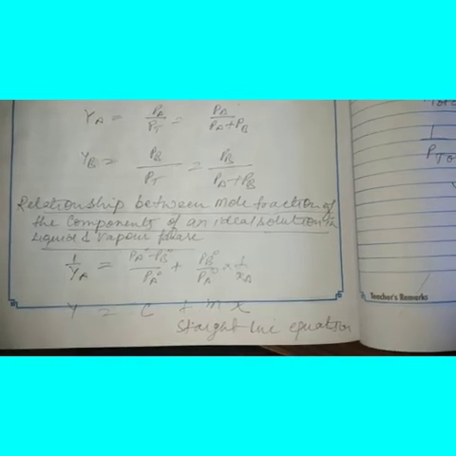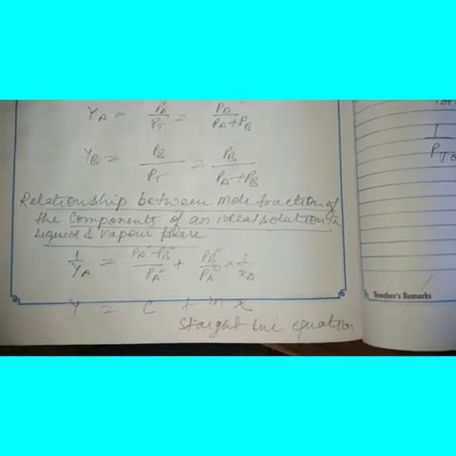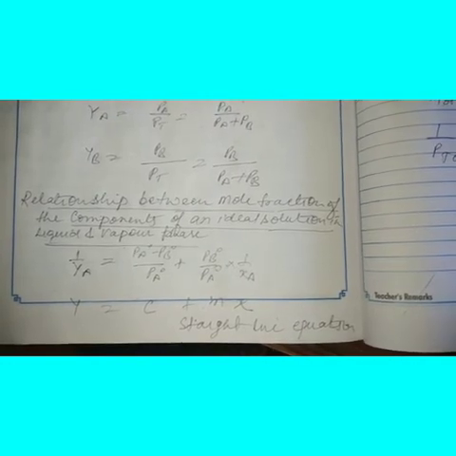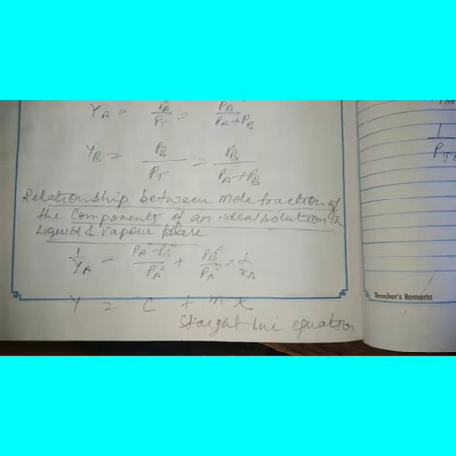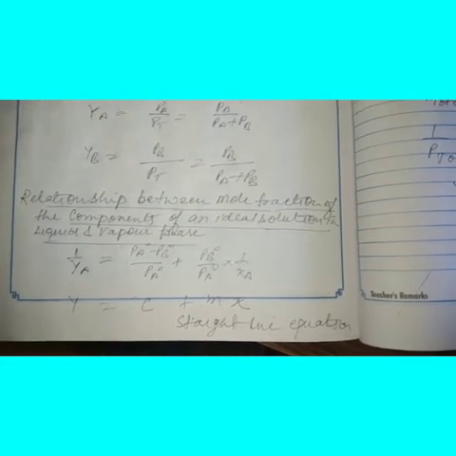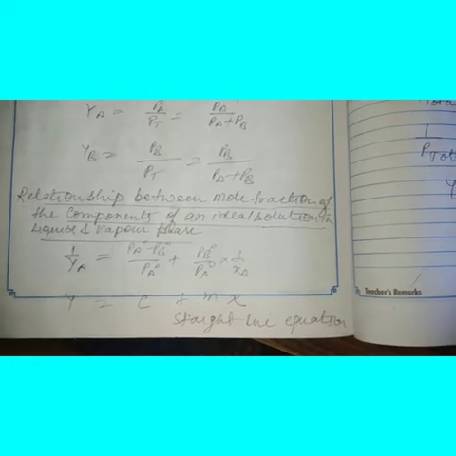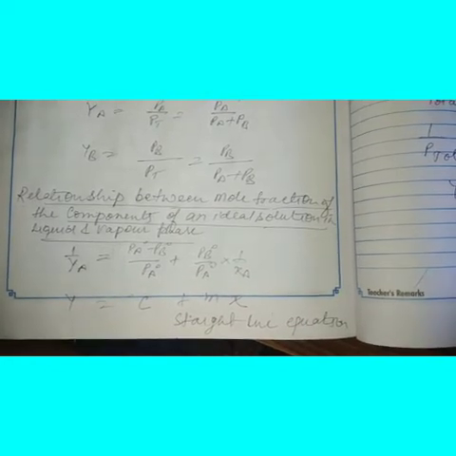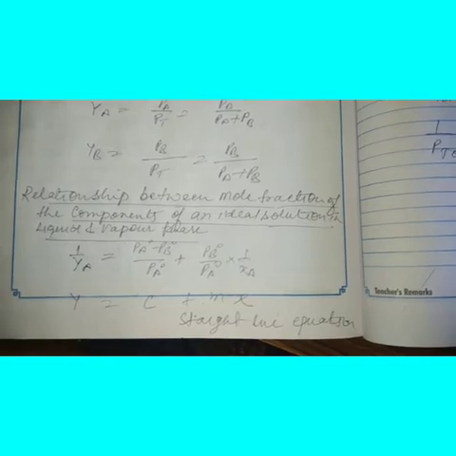The heading is the relationship between the mole fraction of the component of an ideal solution in the liquid and vapor phase. The equation is 1 upon YA equals (PA naught minus PB naught) upon PA naught, plus PB naught upon PA naught into 1 upon XA. Here we see that it follows the straight line equation Y is equal to C plus MX.